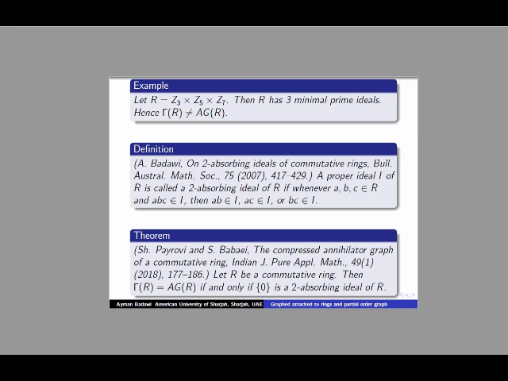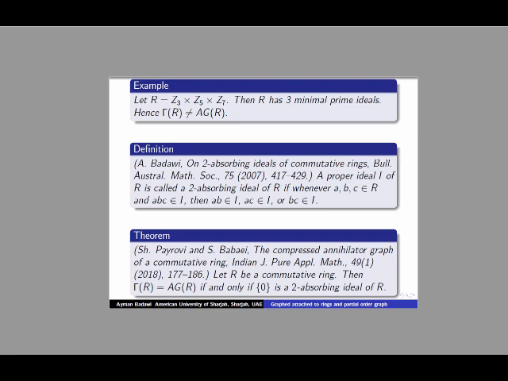Okay, let's take this example. Here is a product of three finite fields, Z3 cross Z5 cross Z7. By doing some algebra, you know that R has three minimal prime ideals.